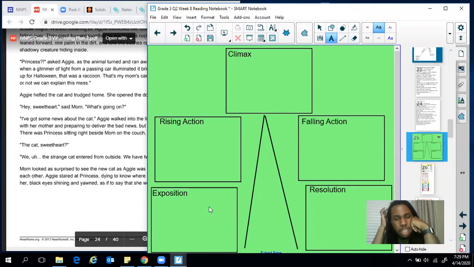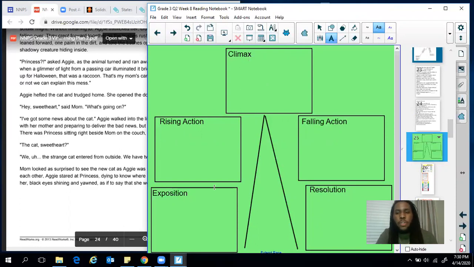We have the exposition, which is the beginning of the story, where we typically learn the characters, the setting, and the problem. Then the rising action happens, where some events in the story start to unfold, and then we get to the climax, which is the most exciting part of the story. Then we get to the falling action, then the resolution, and by the resolution, we should have a solution to our problem.